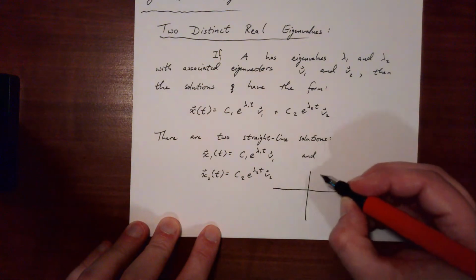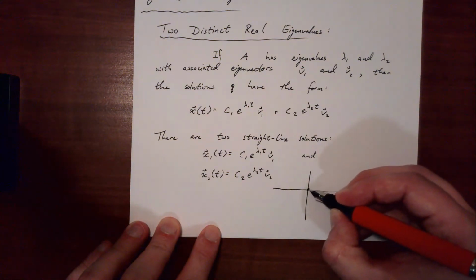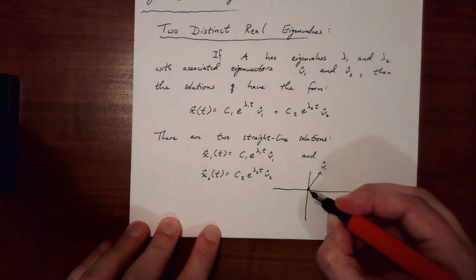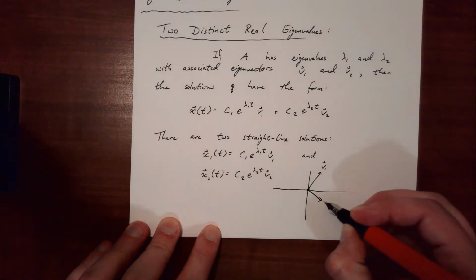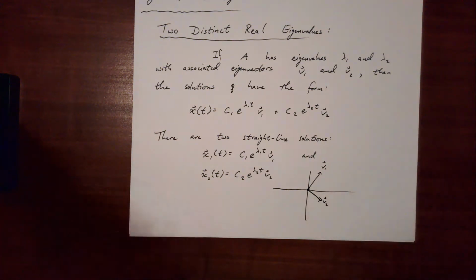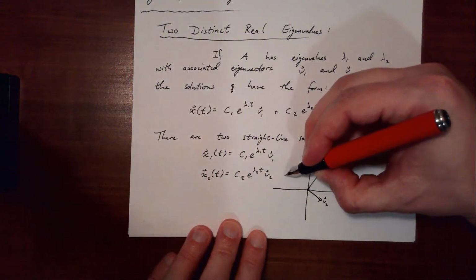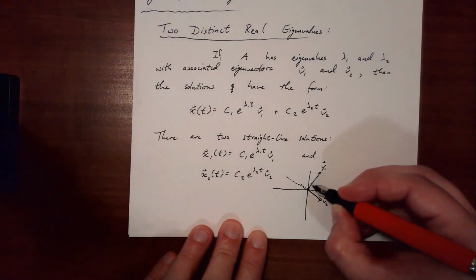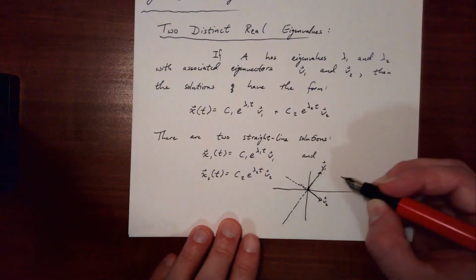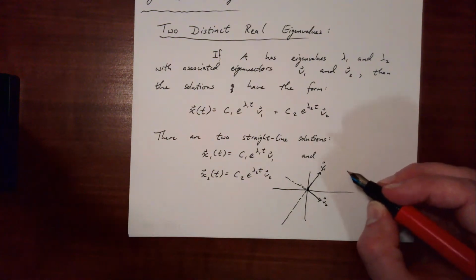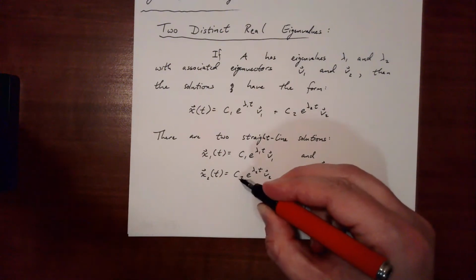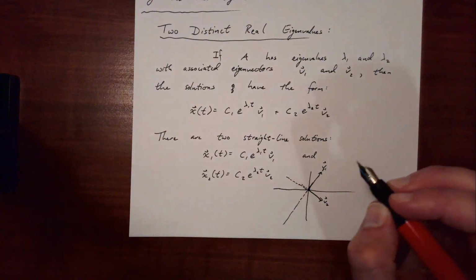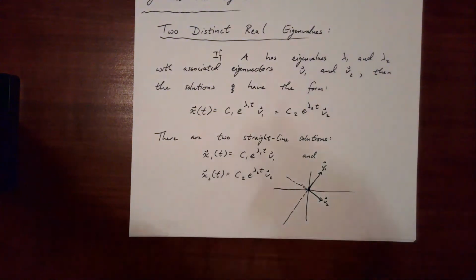Essentially here, if v1, let's say, looks like this, and let's say v2 looks like this, then we've got a whole line's worth of values here, where we have some initial constant and then an exponentially growing or shrinking weight on the vector, depending on the value of lambda.